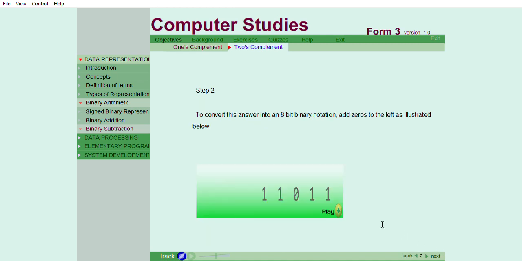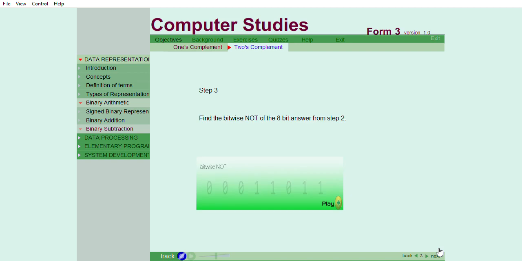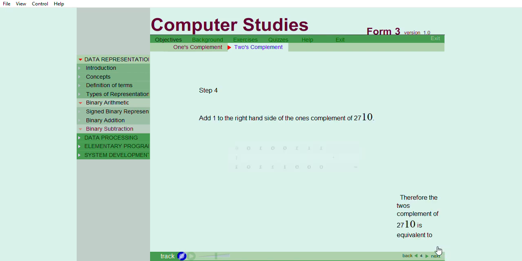Step 2. To convert this answer into an 8-bit binary notation, add zeros to the left as illustrated below. Step 3. Find the bitwise not of the 8-bit answer from step 2. Step 4. Add 1 to the right-hand side of the ones complement of 7 to the base of 10.